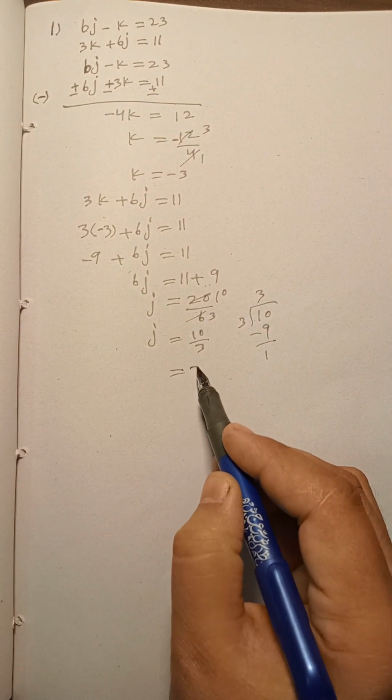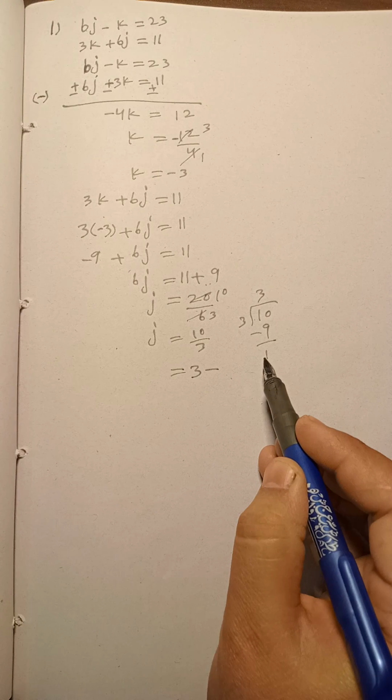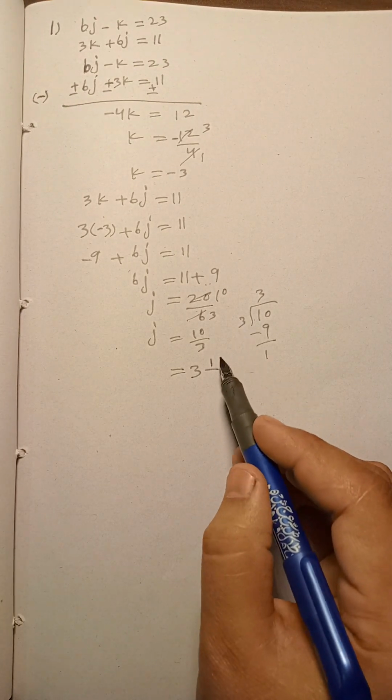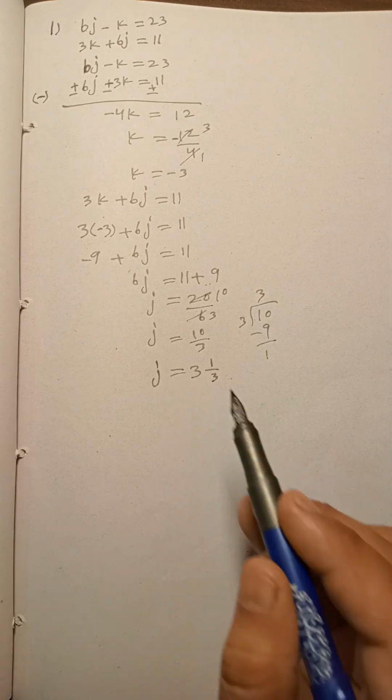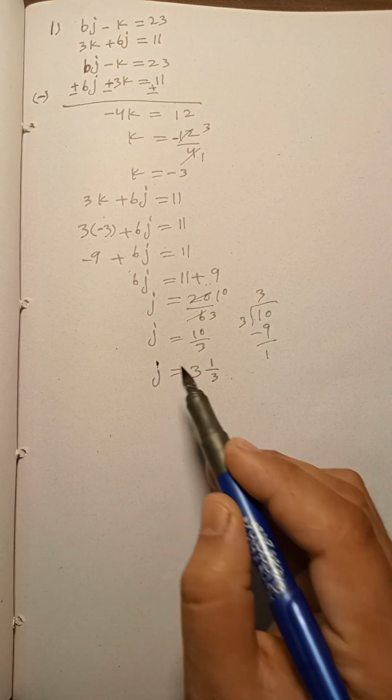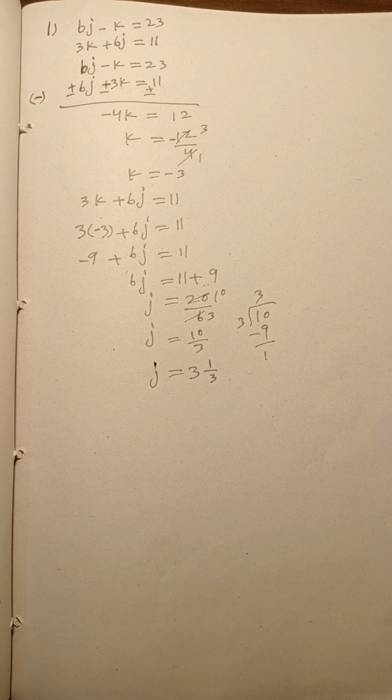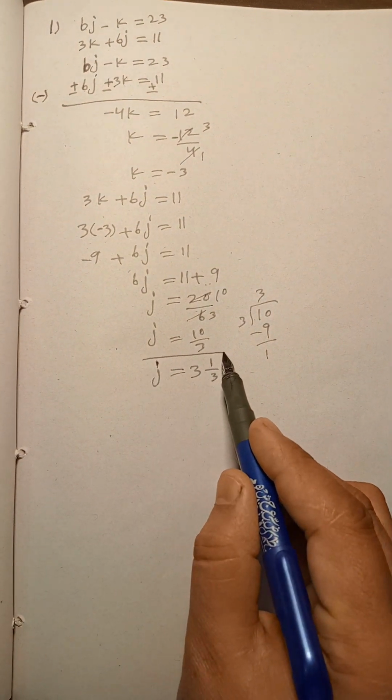So write it in the form of a whole number. 3 first, then this one here, and by this we have divided by 3 here. This is the answer of j. So these are our answers.